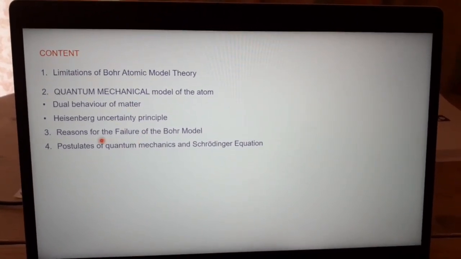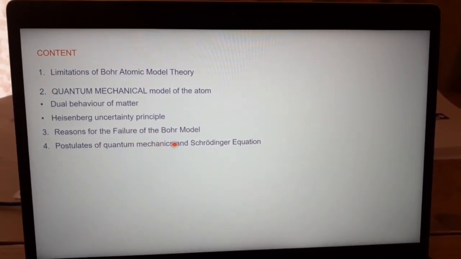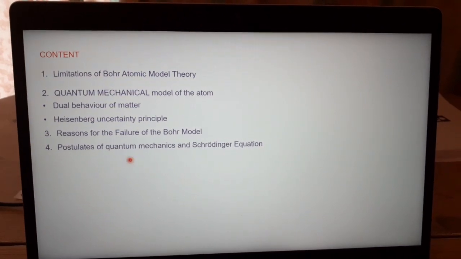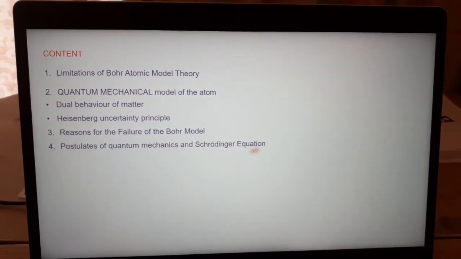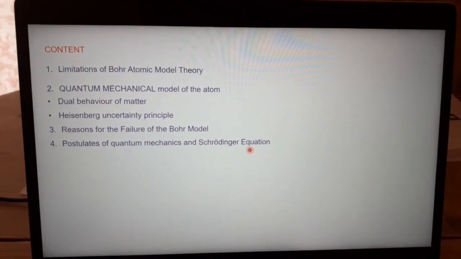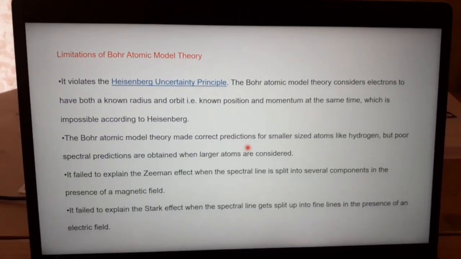I will also discuss the reason behind the failure of the Bohr model, the postulates of quantum mechanics, and why the Schrödinger equation is very famous.